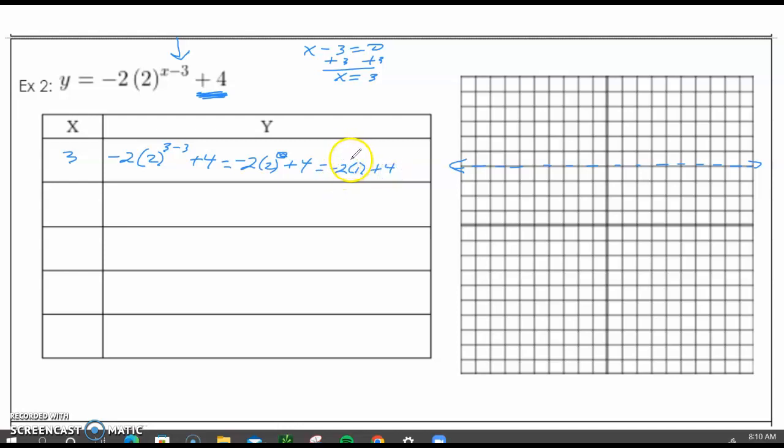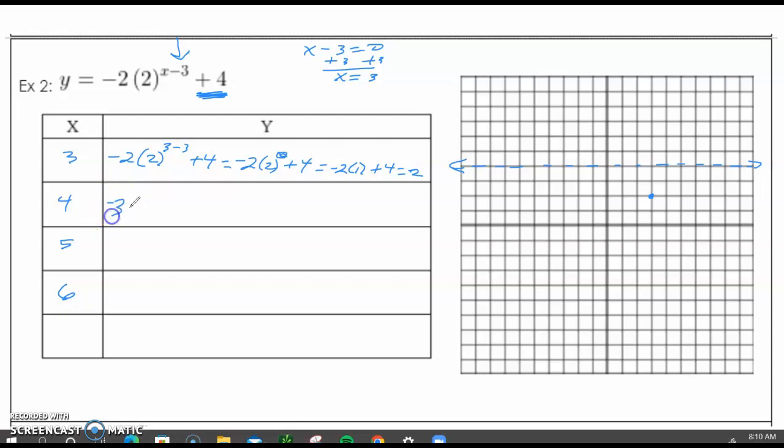Negative 2 times 1 is negative 2, plus 4 is 2. So we have 3, 2. Then we go up from there. 4, 5, 6. Let's see if we can make all of these fit on our graph.